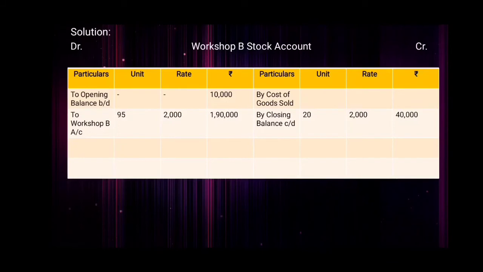Now the balancing figure will be transferred to cost of goods sold. So the balancing figure of unit is 75 and the total amount will be 1,60,000. Now let us take the total of both the sides. Unit is 95 and the total amount will be 2 lakh.